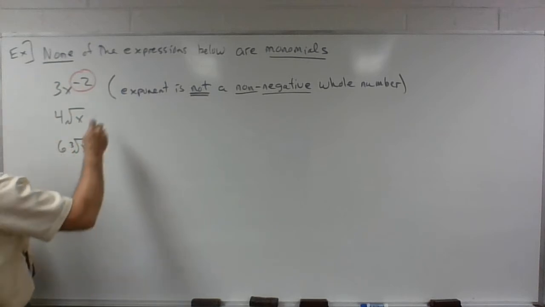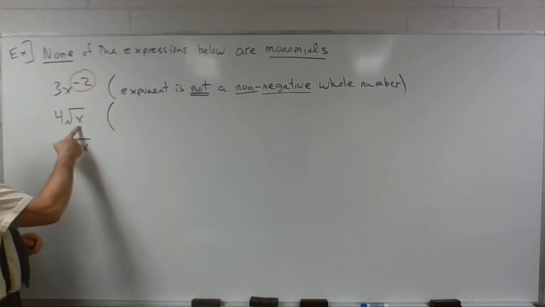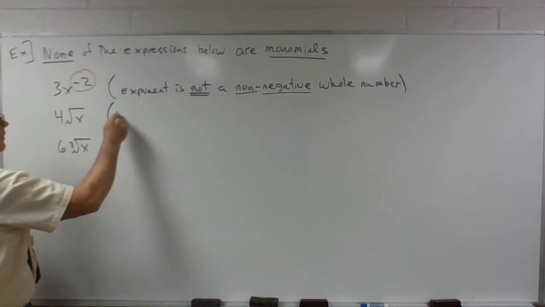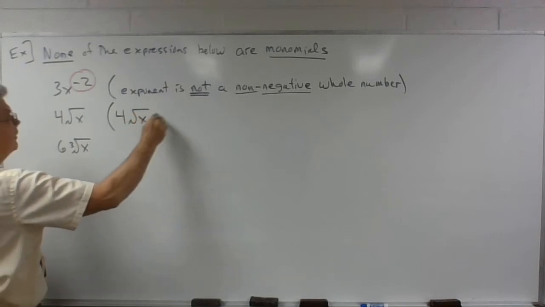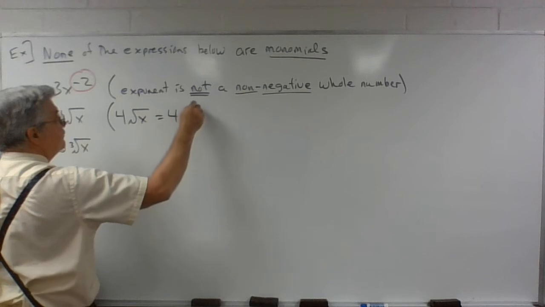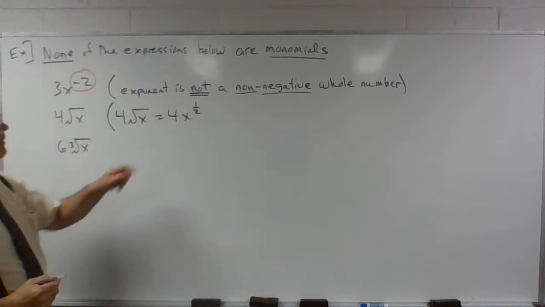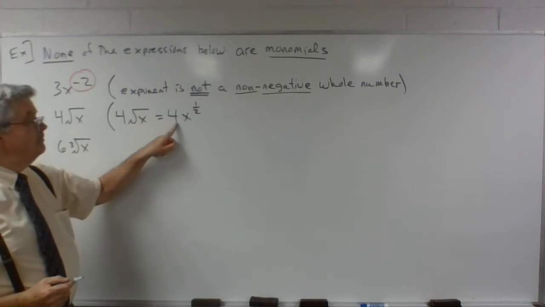So the problem is right there. Now let's look at the next one. I could write this as 4 times x to a power. Square root of x is the same as x to the 1/2 power, right? The coefficient's fine.